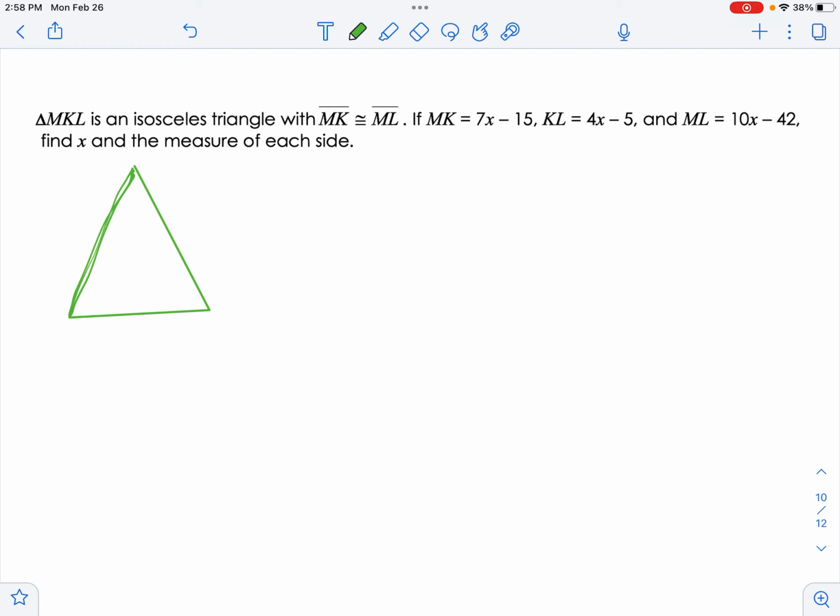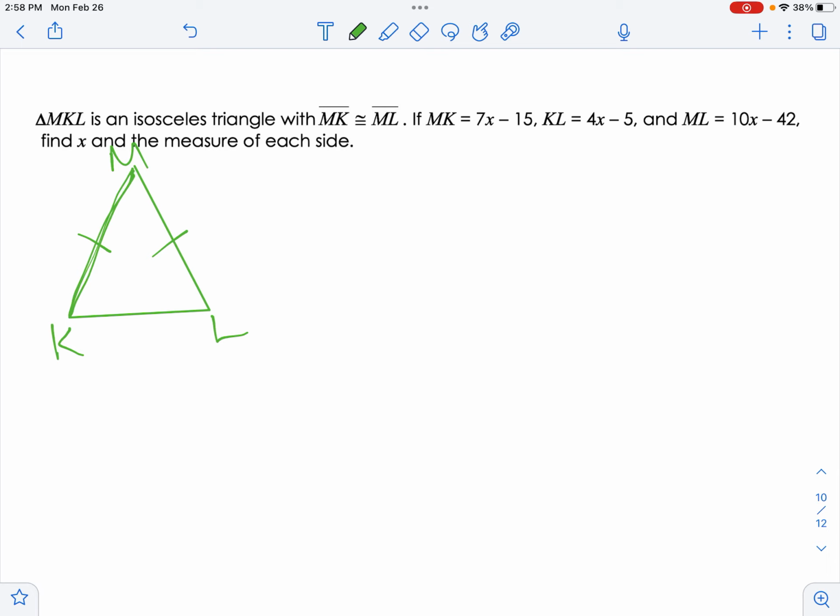Okay, so I know that this side and this, well, I guess I should label some things. I'm going to say this is M, this is K, and this is L. I know it's an isosceles triangle, which is why I made those 2 marks, and that MK and ML are congruent, so that's why I labeled those 2. Okay, so I got that marked.